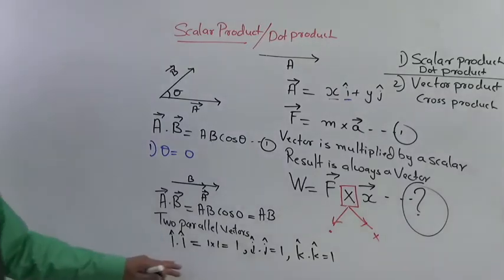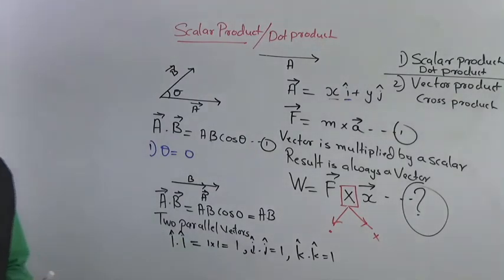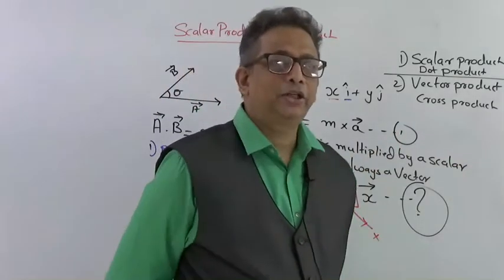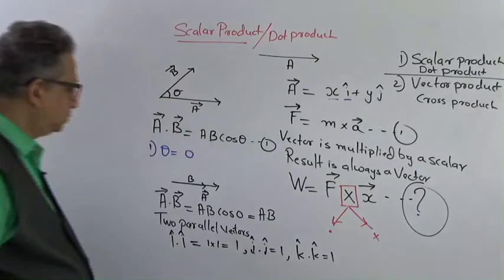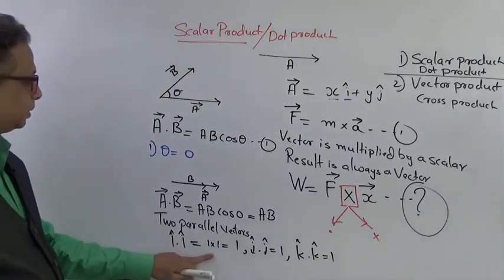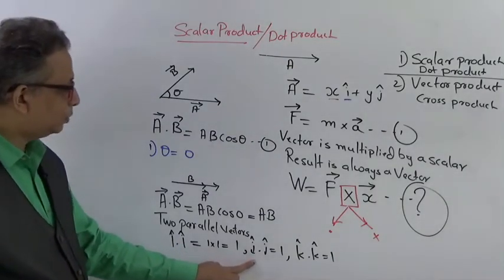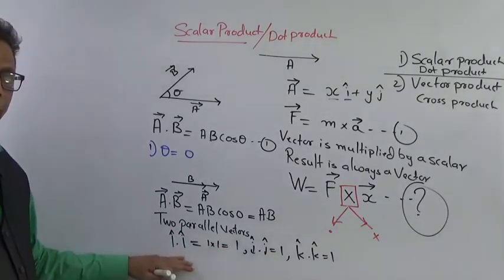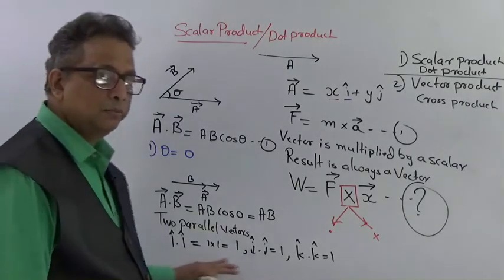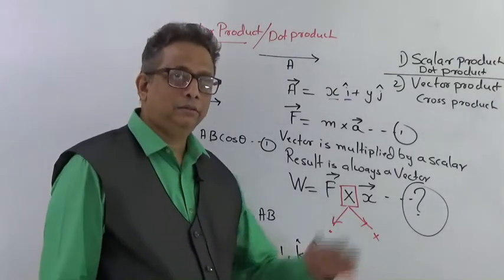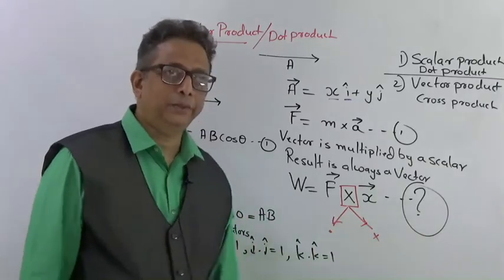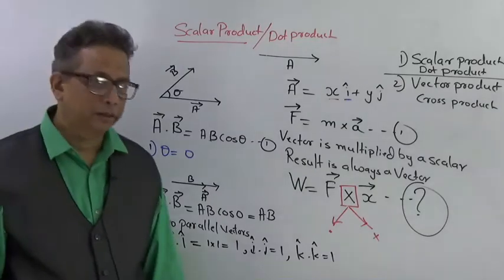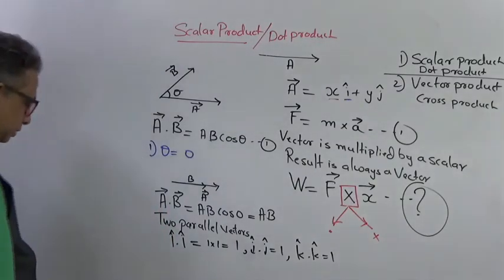So all these three are examples in which the vectors are in the same direction, which will yield the value i into i equal to 1, j into j equal to 1 and k into k equal to 1. Please, this is a very important proof which we will be using in the next example when we will be multiplying two different vectors in the i j format, right? So please make a note of this.